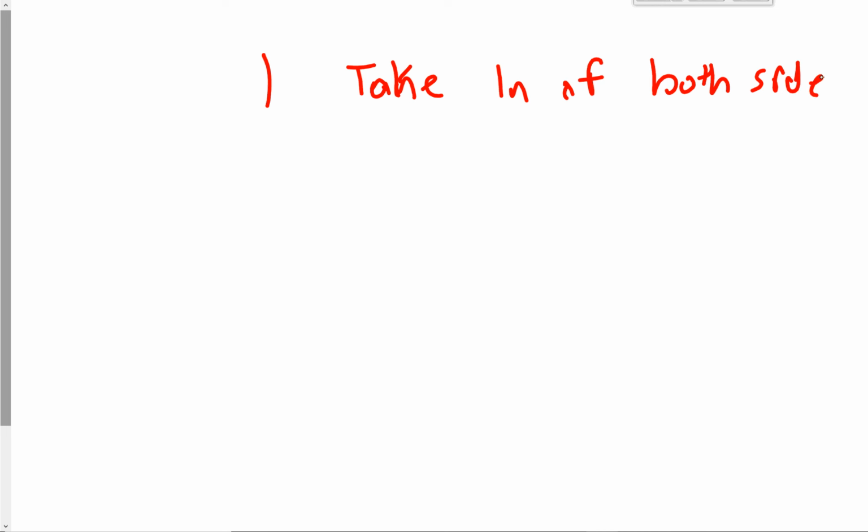So here are the steps to do it. 1, take the natural log of both sides. Take ln of both sides. 2, simplify your logs.